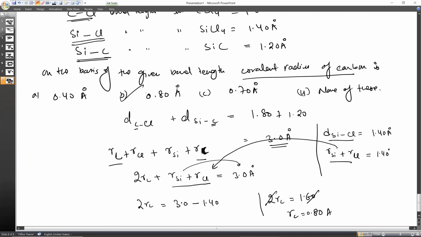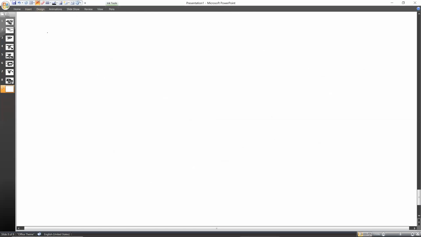Okay. Now we shall be moving towards the metallic radius. What is metallic radius? Metallic radius is used for the atoms which are bonded by the metallic bond.